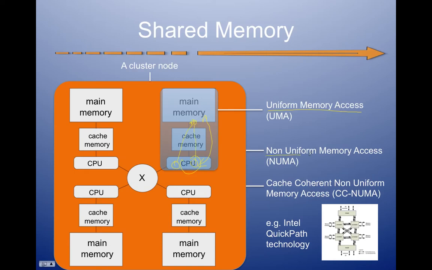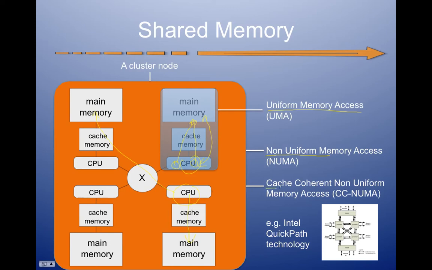Then there is non-uniform memory access: when you start to connect multi-cores through, for instance, Intel QuickPath technology, you will have different access times, different latencies to access the memory. So for instance, if this CPU is trying to access a memory block from here, it will take longer than if it is from here. So the access time for the memory depends on the address and is non-uniform.